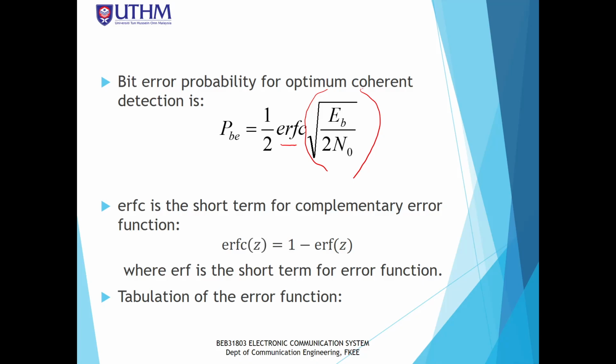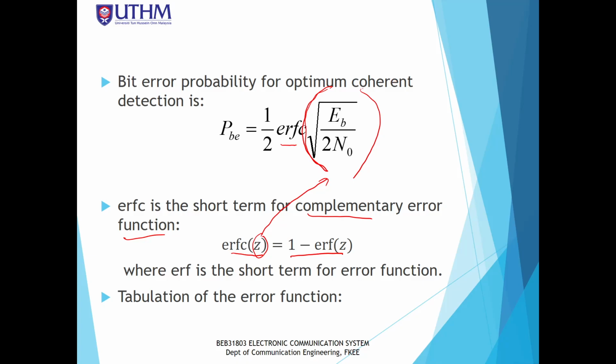ERFC is the complementary error function, whose values we can find from the given table. ERFC is short for complementary error function. ERFC of Z is equal to 1 minus the error function of Z. So what is Z? Z is this one, the square root of Eb over 2 N0.